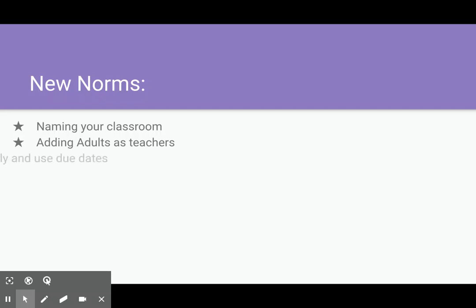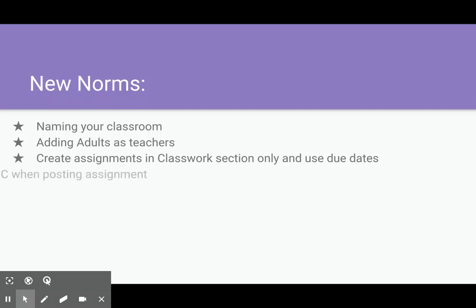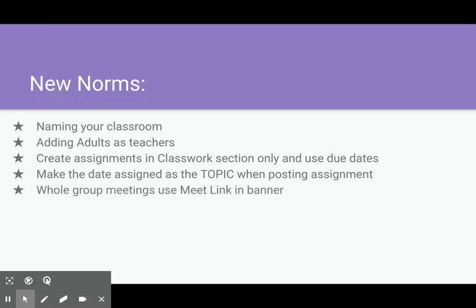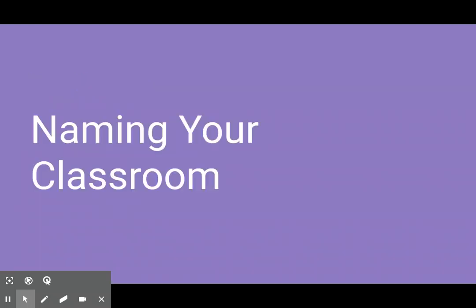So the new norms that we're going to talk about today are, first, naming your classroom, adding adults as teachers, creating assignments in the Classwork section only and using due dates, making the date assigned the topic when you post an assignment, and using whole group meetings with the Google Meet link that you find in the banner.